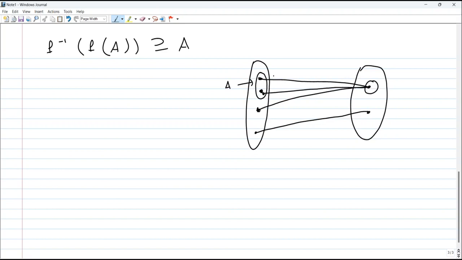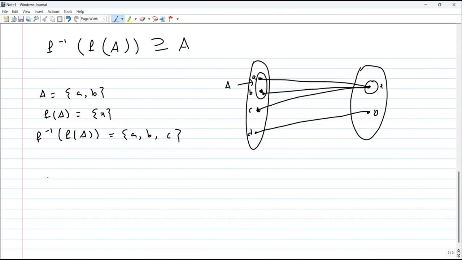If you give them labels, say A, B, C, D, and then X, Y, and you let your set A be A, comma B, then f of A would just be X. But now if you look at its pre-image, f inverse of f of A will be everything that maps to X, but then it also contains C, so you have included one more element.